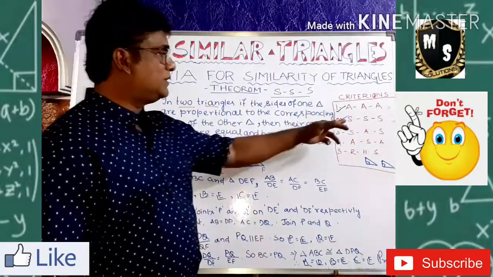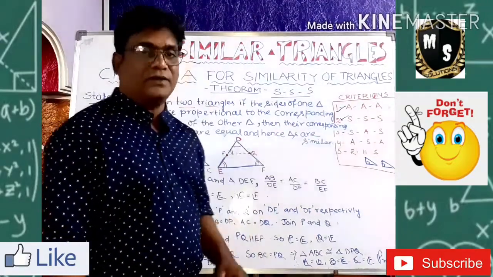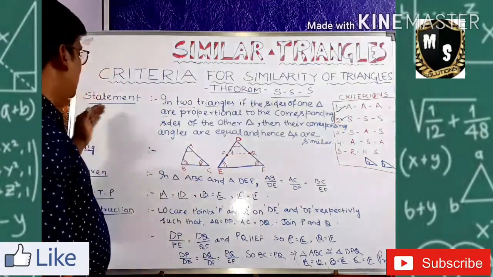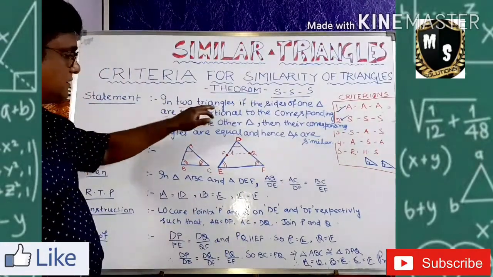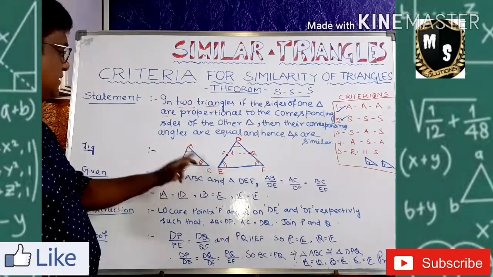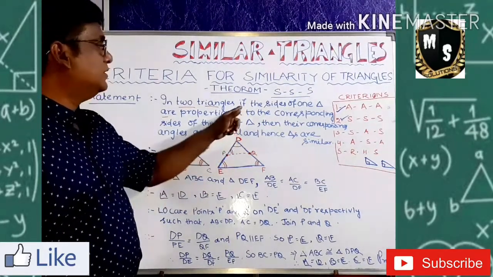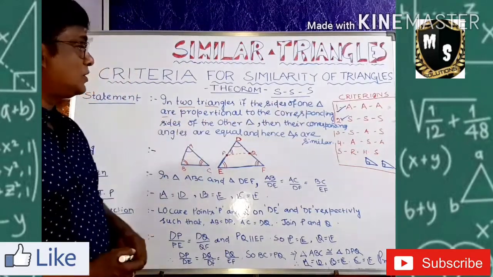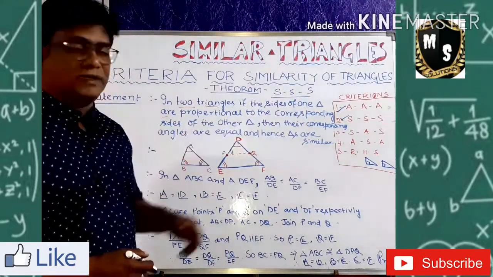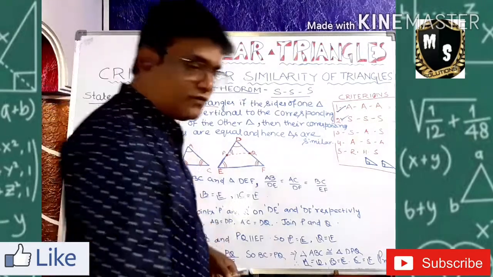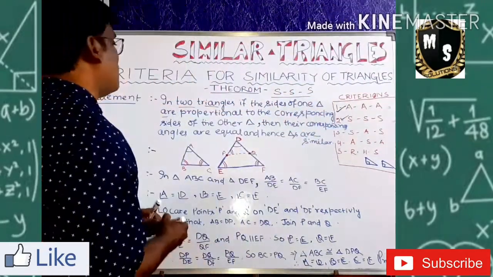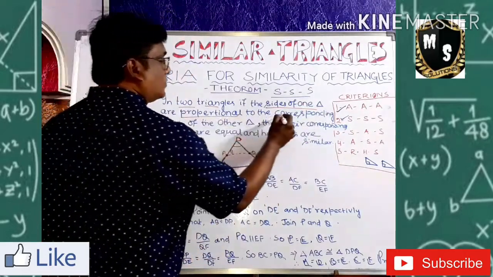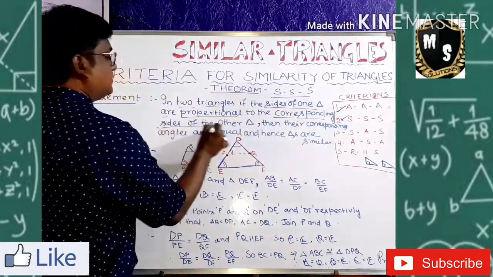Now come to the next one, that is called the SSS criterion. What is this theorem statement about? Let's read it. The statement is: in two triangles ABC and DEF, if the sides of one triangle are proportional to the corresponding sides of the other triangle.